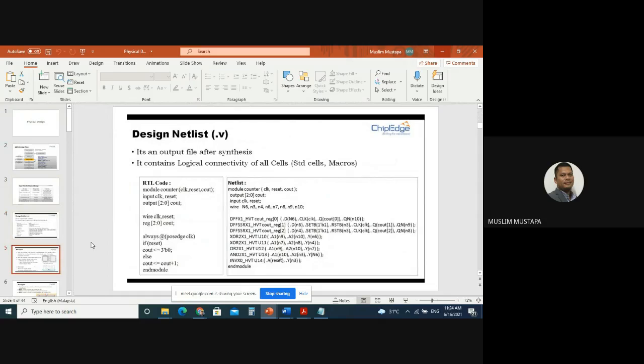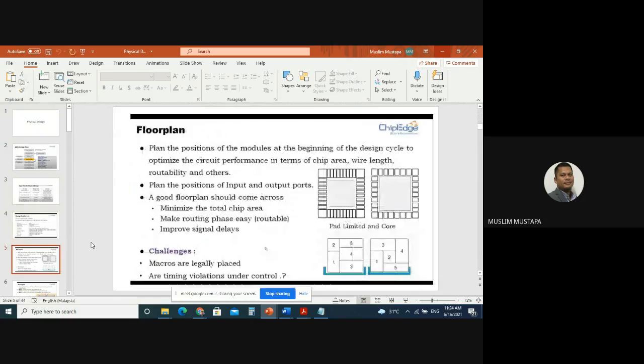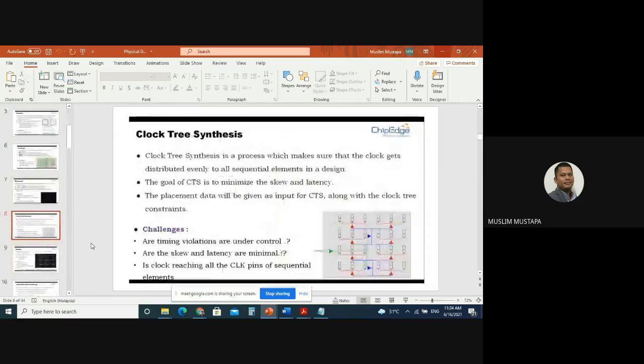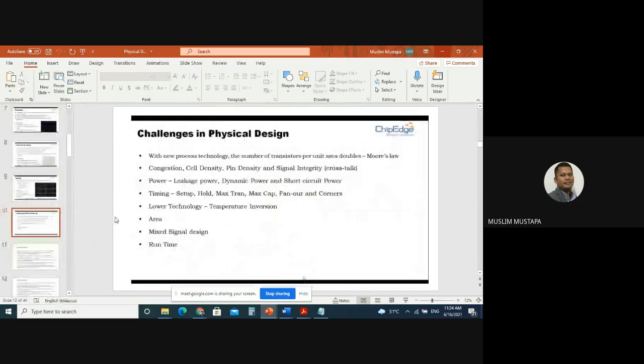This is about floor plan, power plan, and placement, then clock synthesis and routing. These are, I think, the summary of the challenges that we are having in the physical design step in this ASIC design flow.